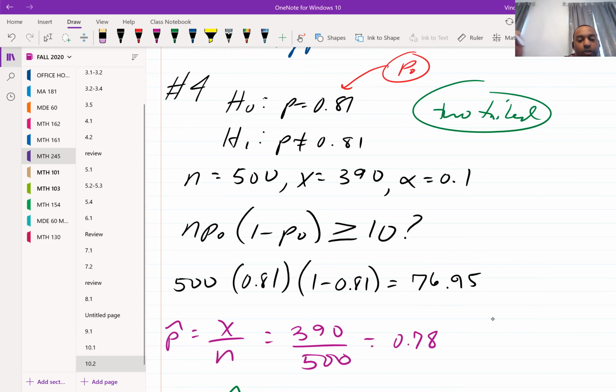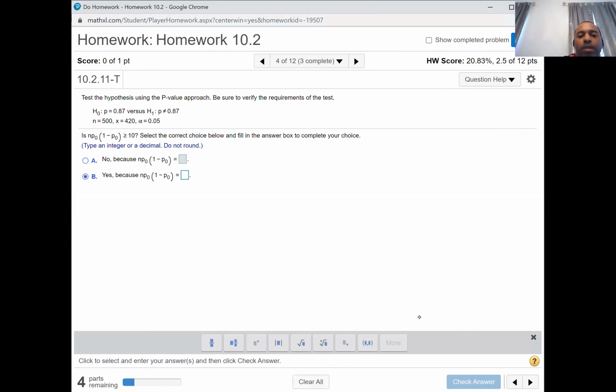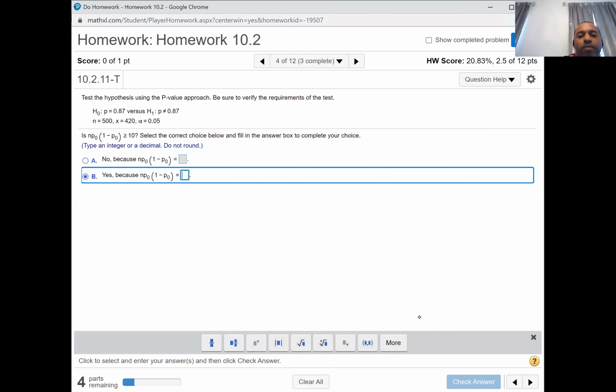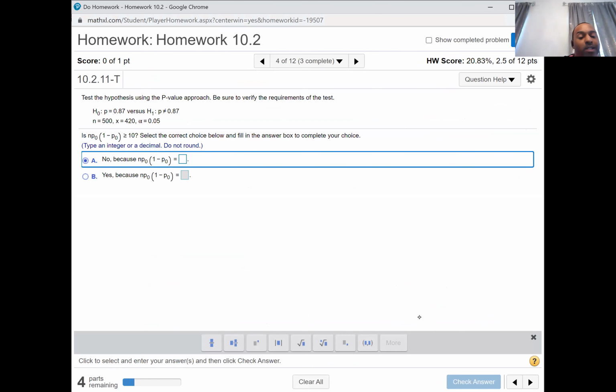And that will be the value that you plug in to the box. You would say yes, and then put that value right here in this box. My number's a little different, so of course I wouldn't put it right in. Now, if it was less than 10, then you would say no, and then put that value right in the box.